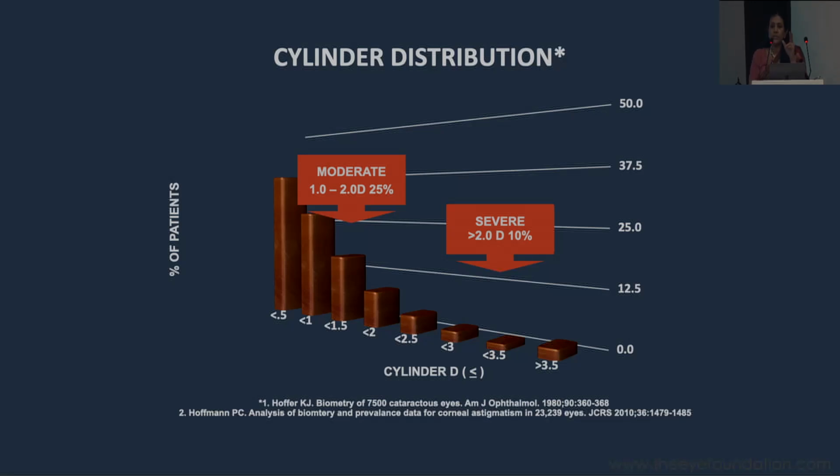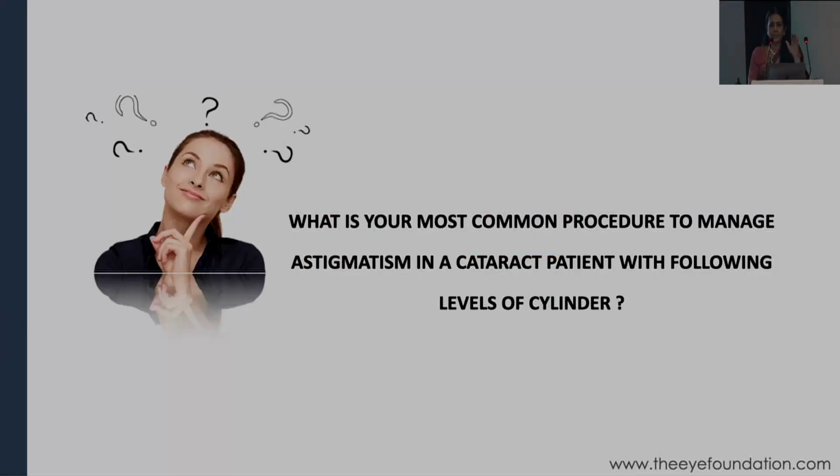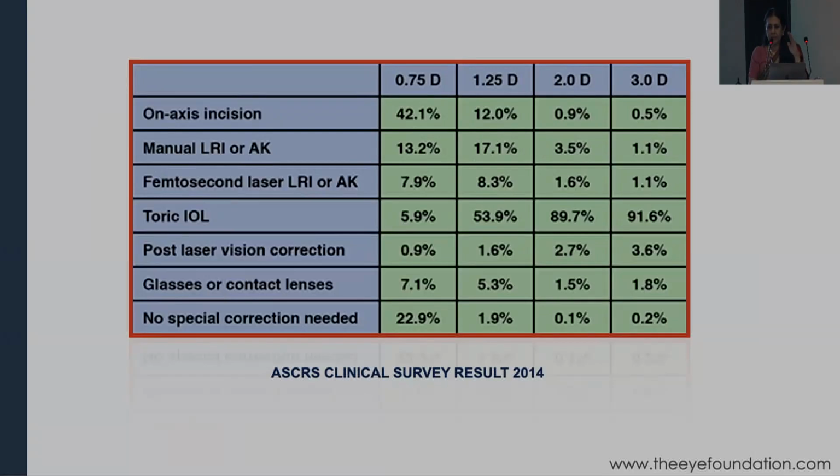So if you do just a cataract surgery and a monofocal, you have punished that patient to wear spectacles for distance throughout his life. Whereas if you are addressing the astigmatism, you are giving him some amount of visual independence for distance.